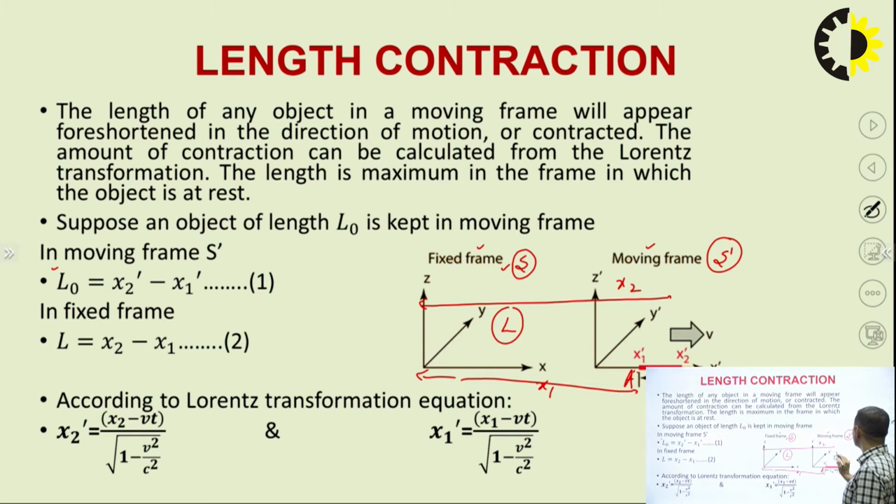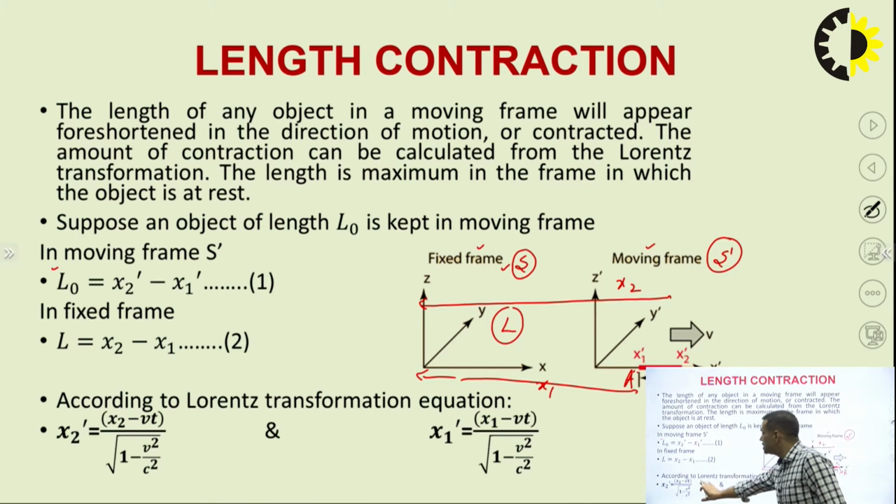Here v is the velocity of the moving frame along the x direction with respect to the fixed S frame. And t is the time with respect to the fixed frame at the end point A, that means the events occurring at point A.